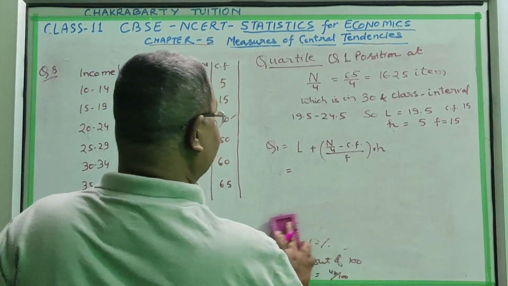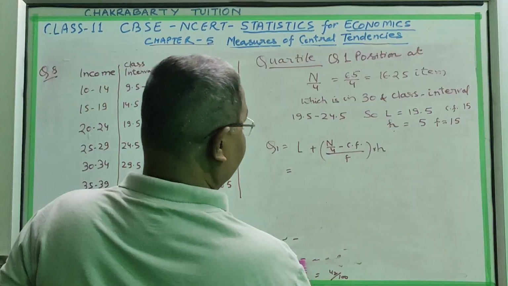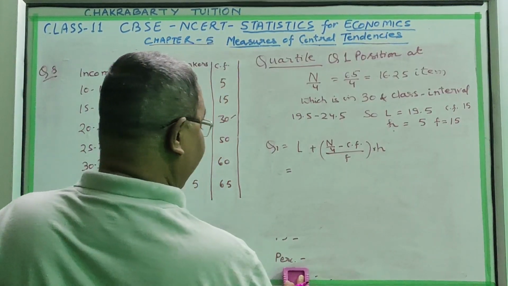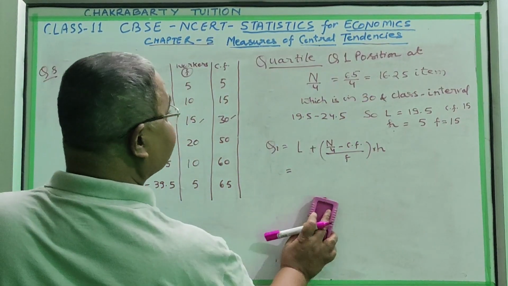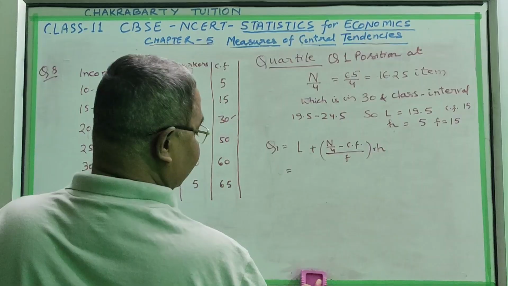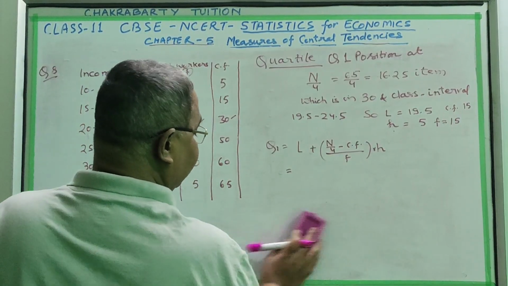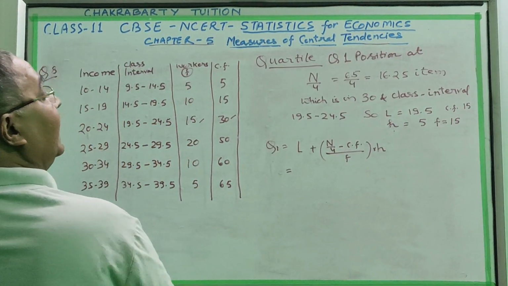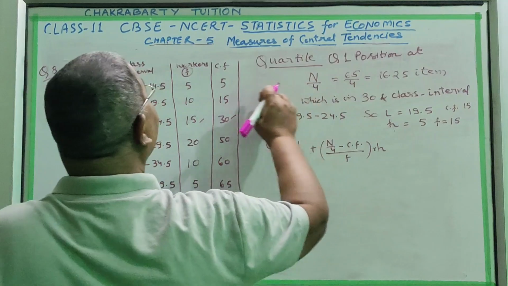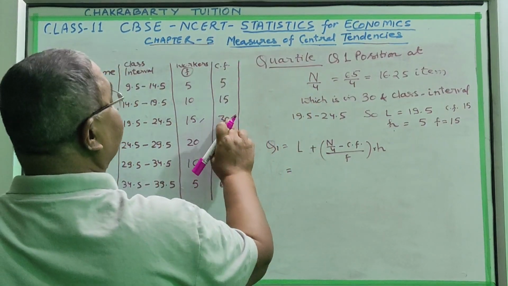So for Q1 you have to find n upon 4. So n upon 4 is your 16.25. And in the same way as we calculated the median, we will look for 16.25 in the cumulative frequency table.